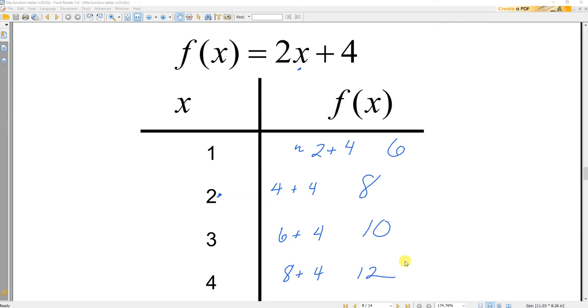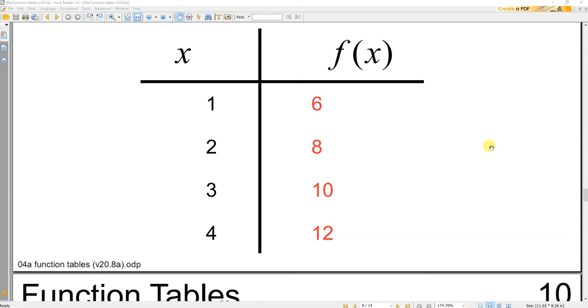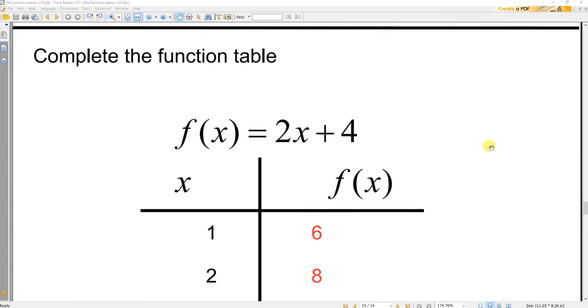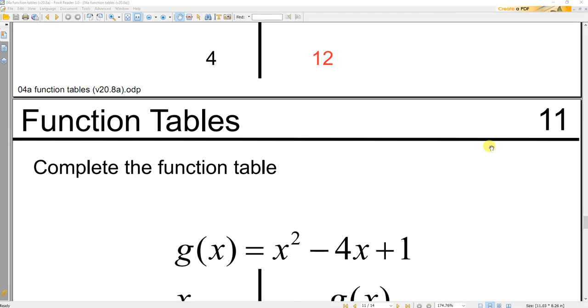There we go. We just did the first function table. 6, 8, 10, 12. I don't know why I have the same slide twice.